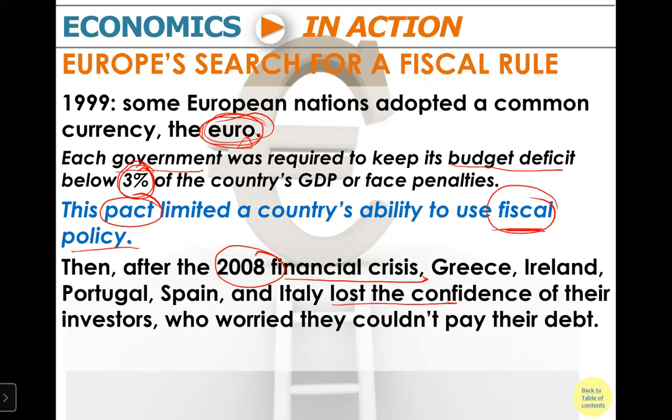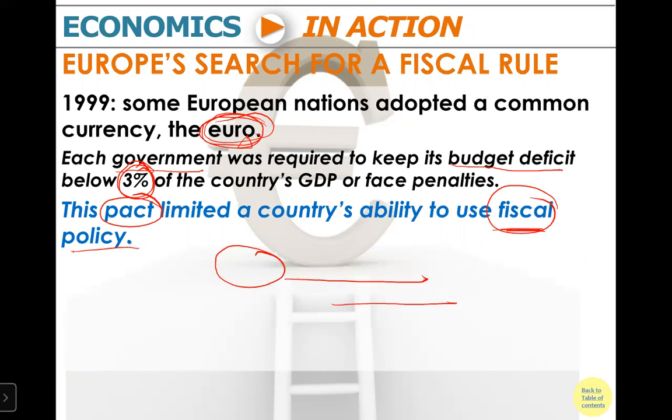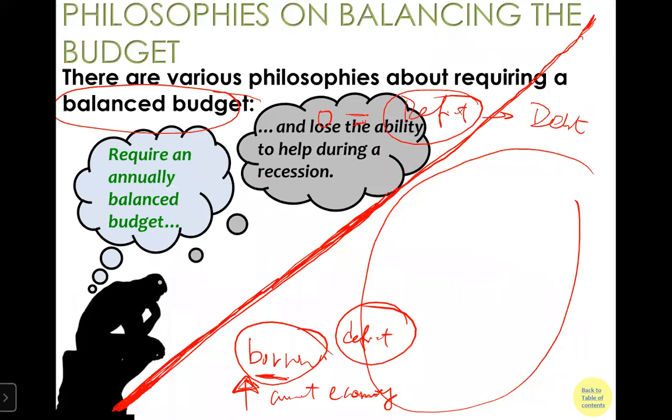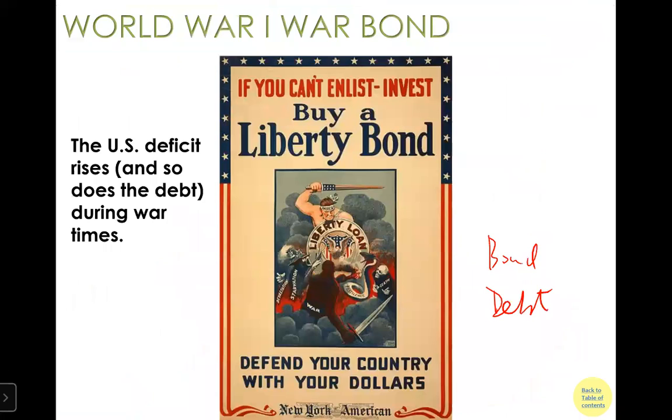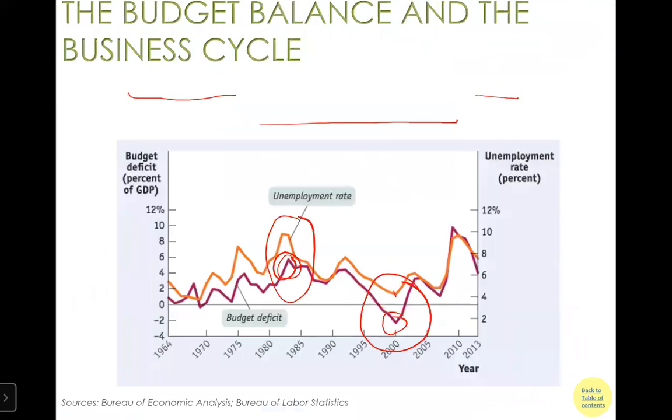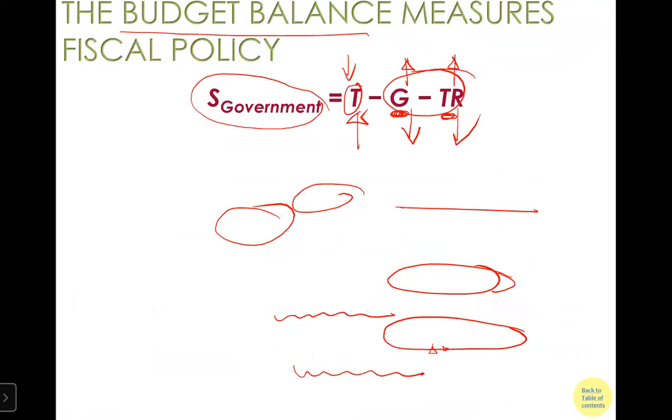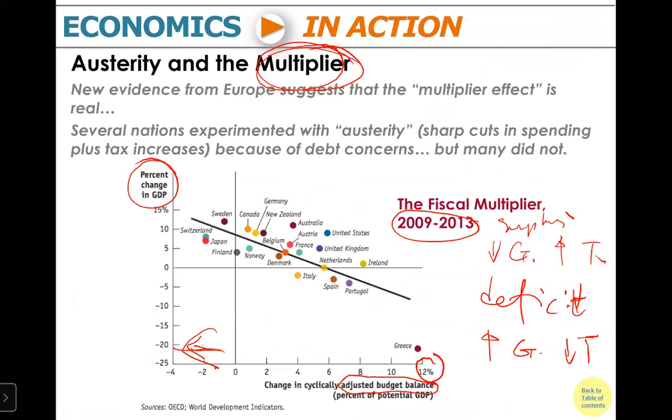Because they do not have many tools to use to fight the recession. And by the way, we can go back to the earlier slide to see what happened in those countries after the 2008 financial crisis.